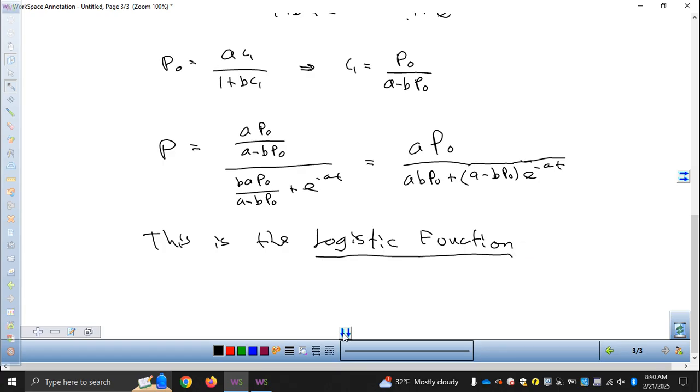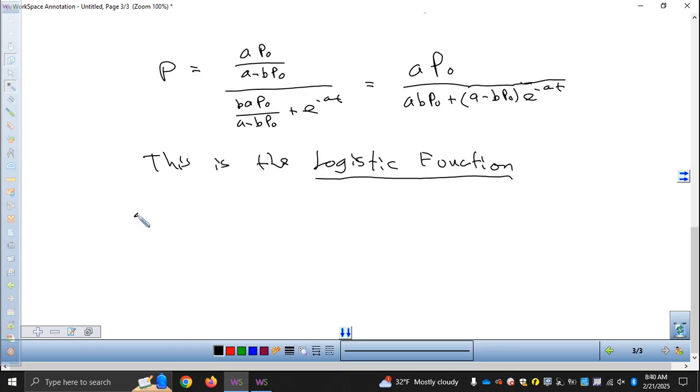And we can see as t approaches infinity, our population is going to approach A over B, which is the carrying capacity.